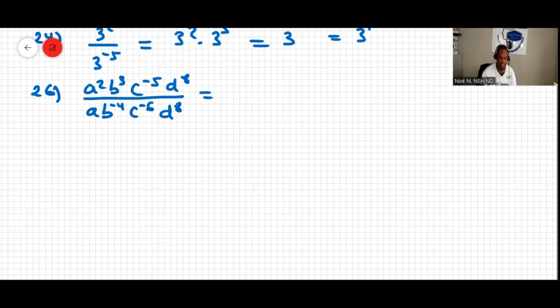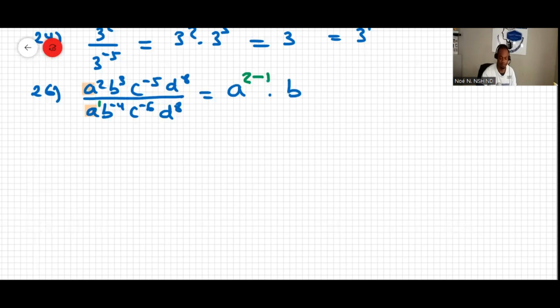I'm gonna write a. If I look at the variable a first, I have a there also. When I don't see the exponent, I understand that it is 1. So over here, I will do a to the 2 minus 1, and then I am going to multiply by b.